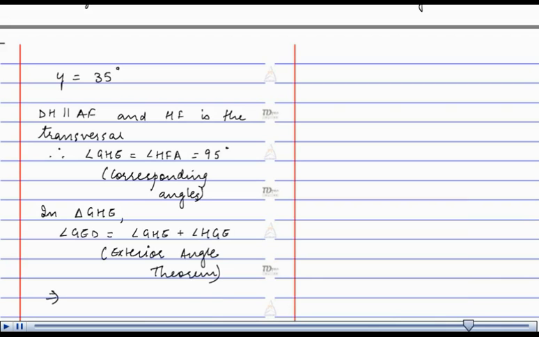This implies x is equal to 95 degree plus 30 degree, that is equal to 125 degree. Thus we get x is equal to 125 degree and y is equal to 35 degree. This is our solution, which is option number 2.